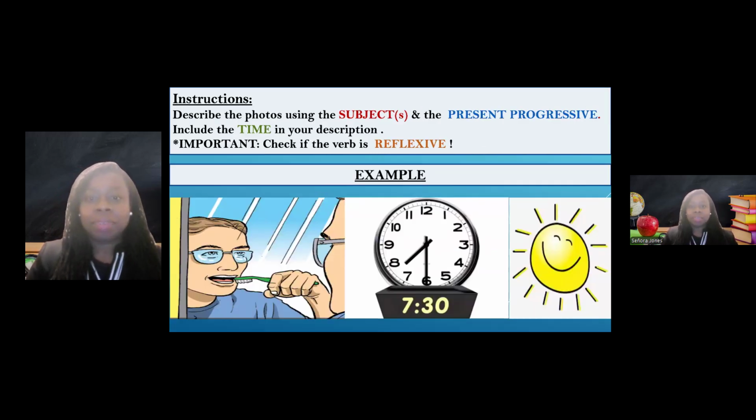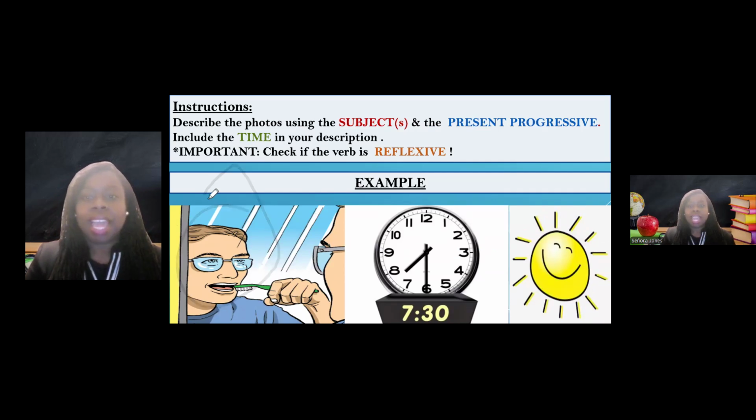So here is an example photo. Describe this picture. The picture gives us our subject, and he's doing an action, and it tells us the time of day, that this is the morning.